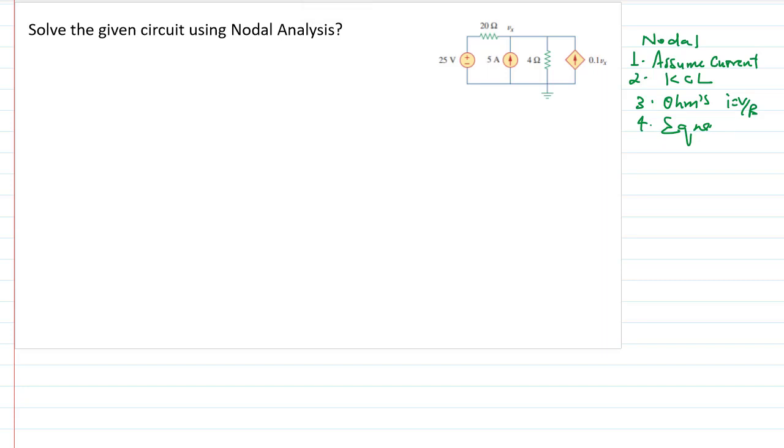I will assume that this is current I1 and this is current I2. Since it is a single node, you can redraw this diagram for a clearer understanding. If this is a node, this is your current going this way, and the other two can be on the same node like this.